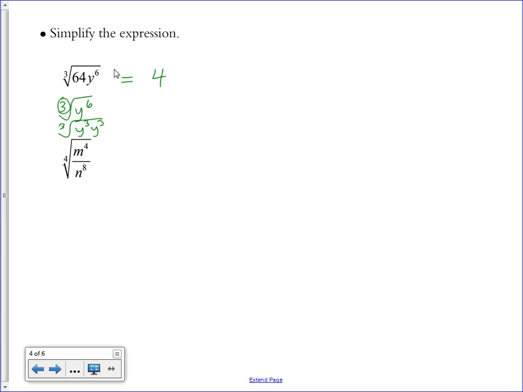Or you can think about it as, well, if there was y to the 6th power inside, I can pull out 2 groups of y to the 3rd. That's how I like to think about it. So if I'm pulling out 2 groups of y to the 3rd, and they're coming out of the cube root sign, then next to this 4, I'm going to have y to the 2nd power because I'm pulling out 2 groups of 3, and that's the final answer. Simplified as much as it goes.